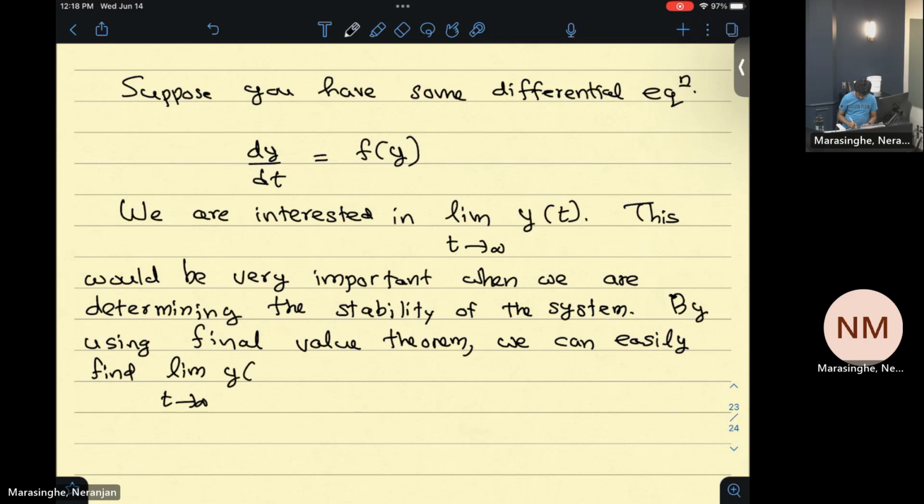The final value theorem gives you some idea how to find this limit without finding y(t), right? According to this definition, we need y(t) to find this limit. So the final value theorem would give you a very good result. If you use it, you do not need y(t). It's enough to have the Laplace transform of y(t). So that's why this result is very important.